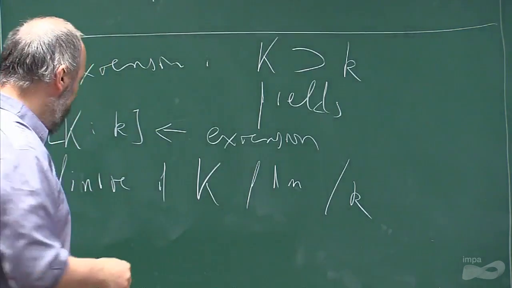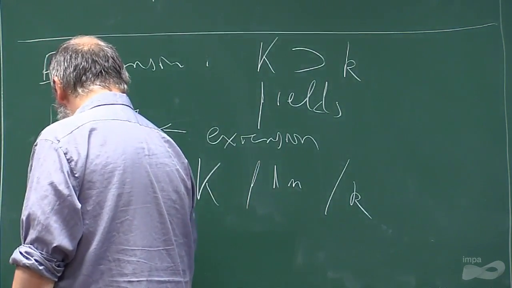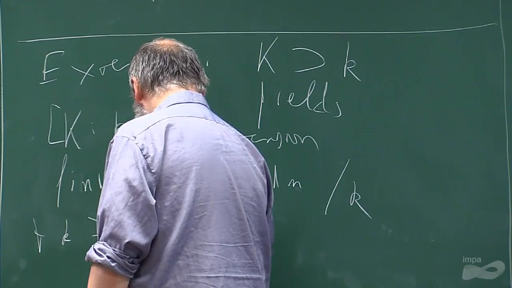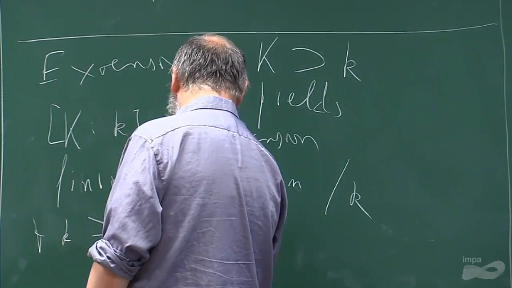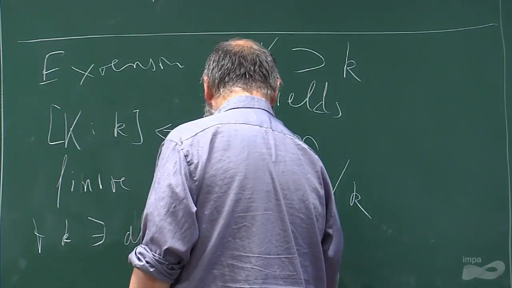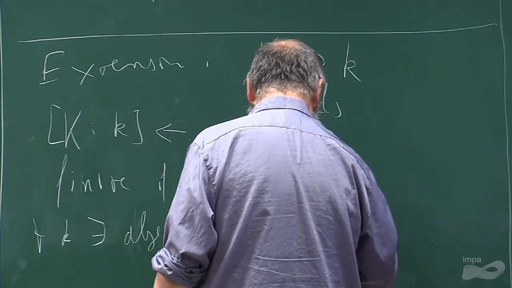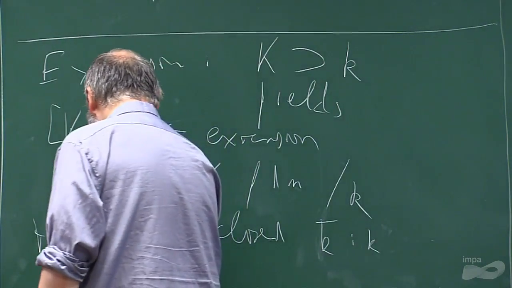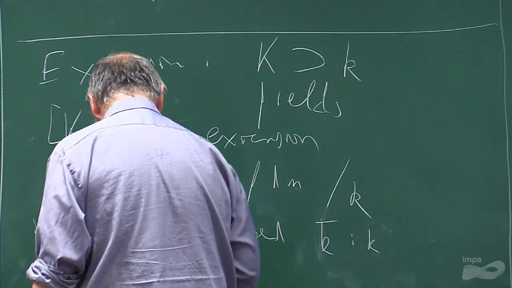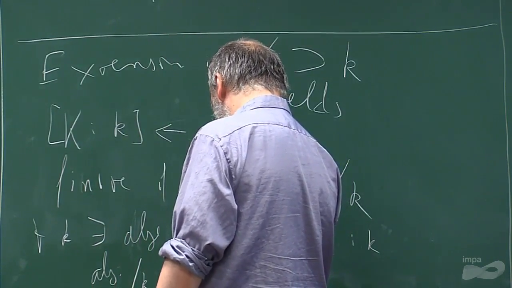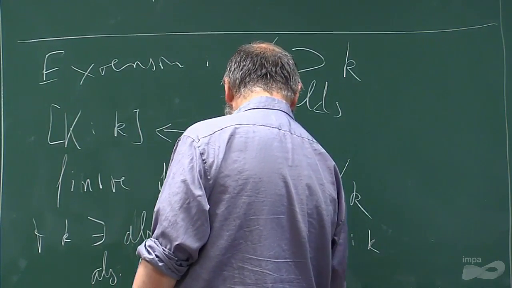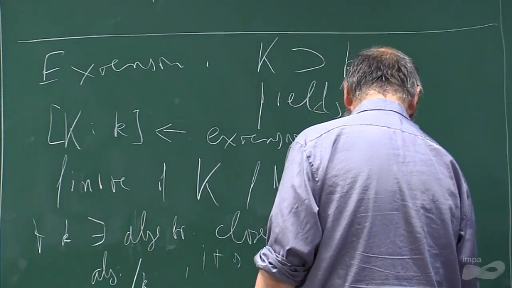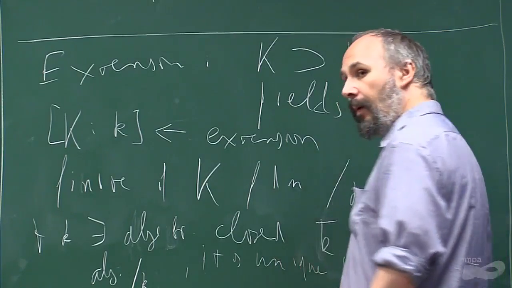Do you know that for each field K, there exists an algebraic closure, K bar, algebraically closed, algebraic over K, and it is unique up to isomorphism? Do you know this?